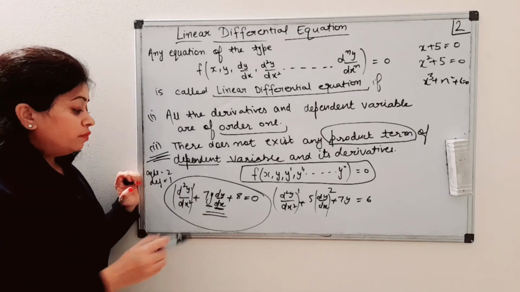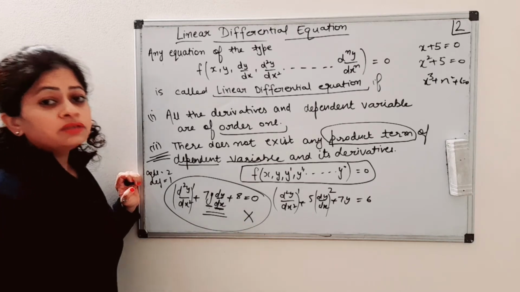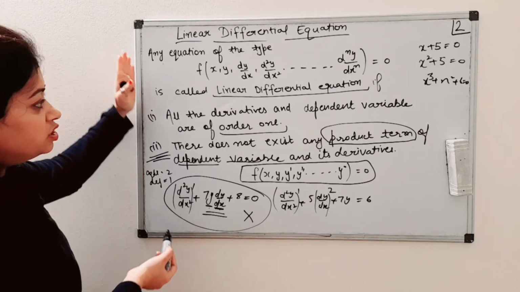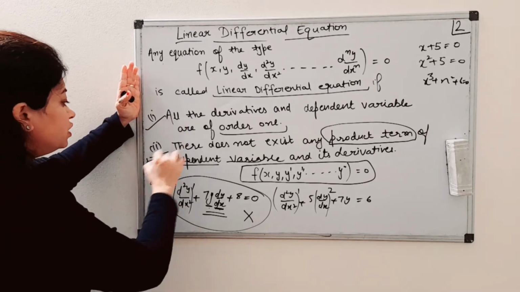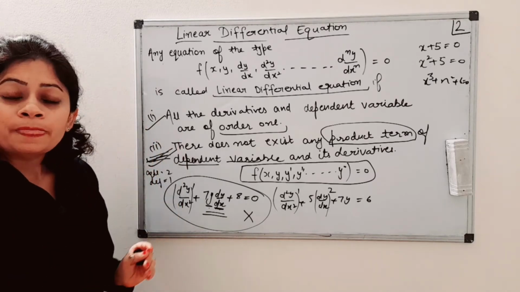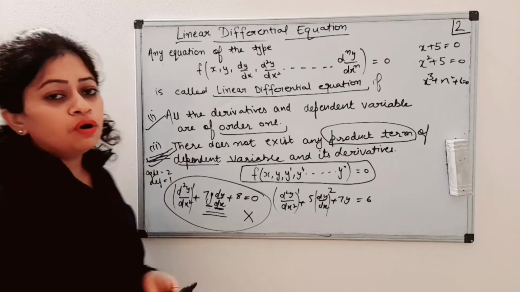If we have, then we will say this is not linear, this is a non-linear differential equation. So if any differential equation satisfies these two conditions, then we will say it is linear, and if it does not satisfy, then we will say it is non-linear.